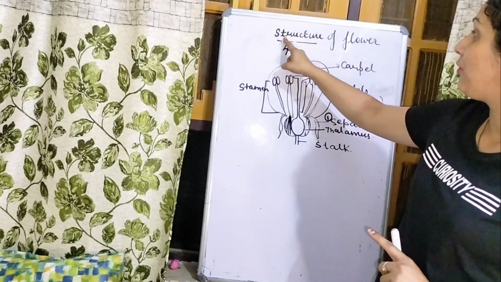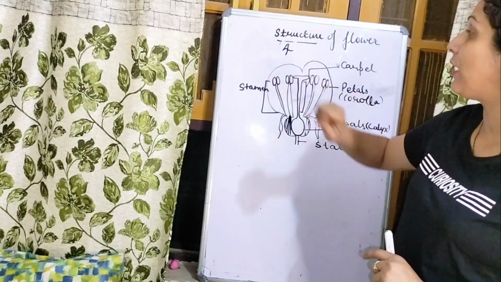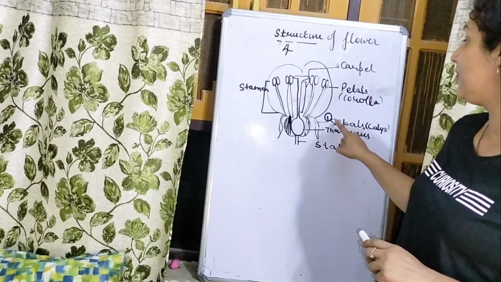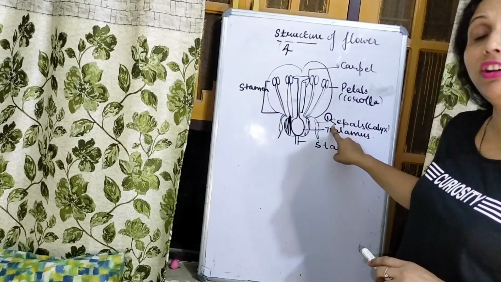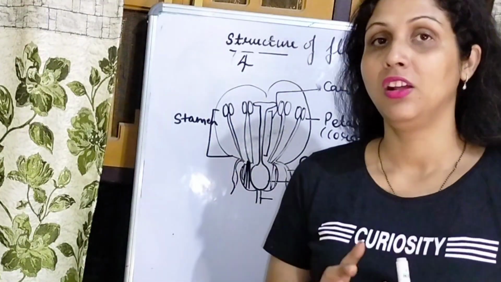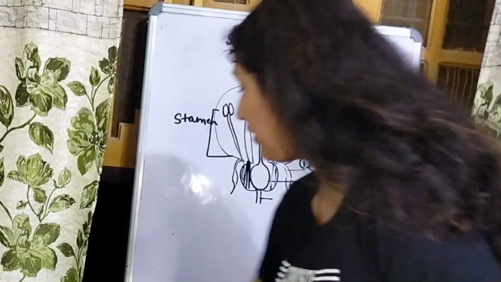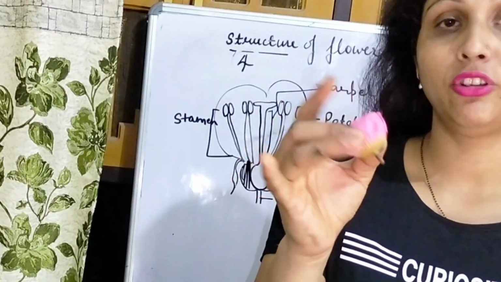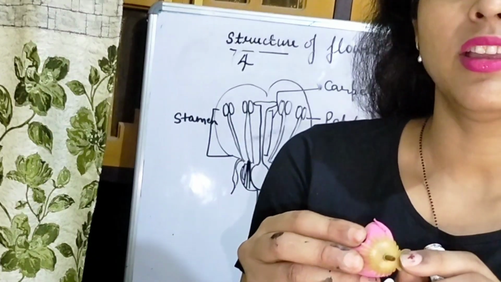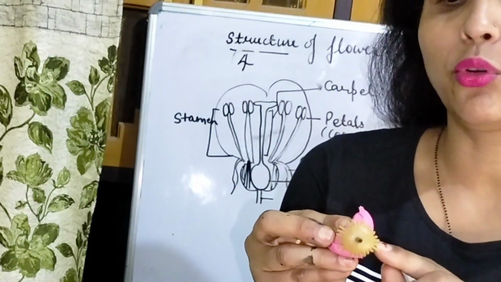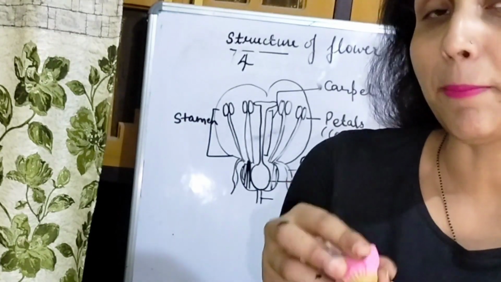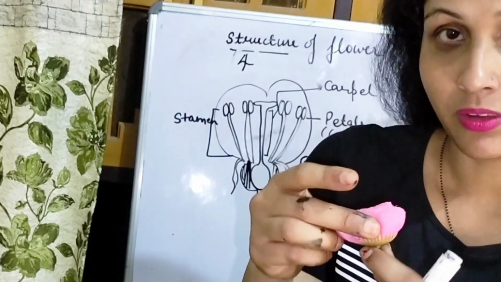So we have to know the 4 important parts of the flower. What are these? We start with the first, the sepals. The sepals are the outermost whorl of the flower. If I use this artificial flower to explain, this outermost green whorl is called the sepals.